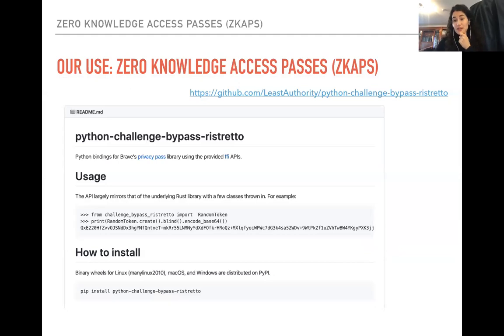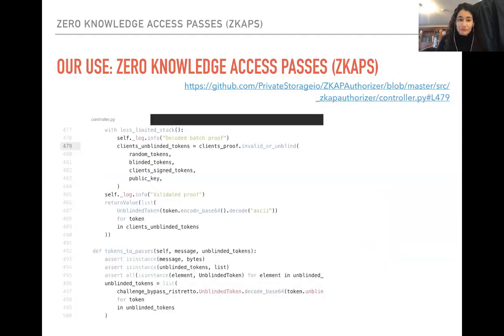We just have Python bindings on the Privacy Pass library, so we use another Privacy Pass library and adapt that for our system. Here I just wanted to show you how it actually looks.